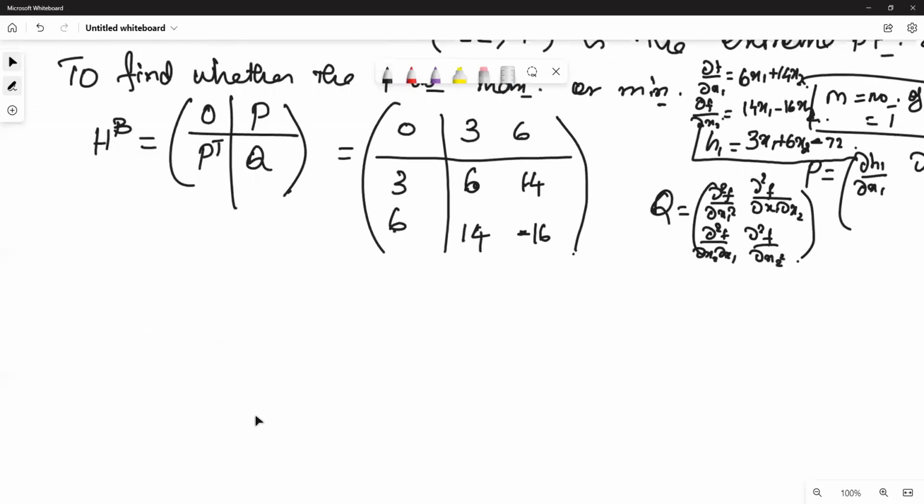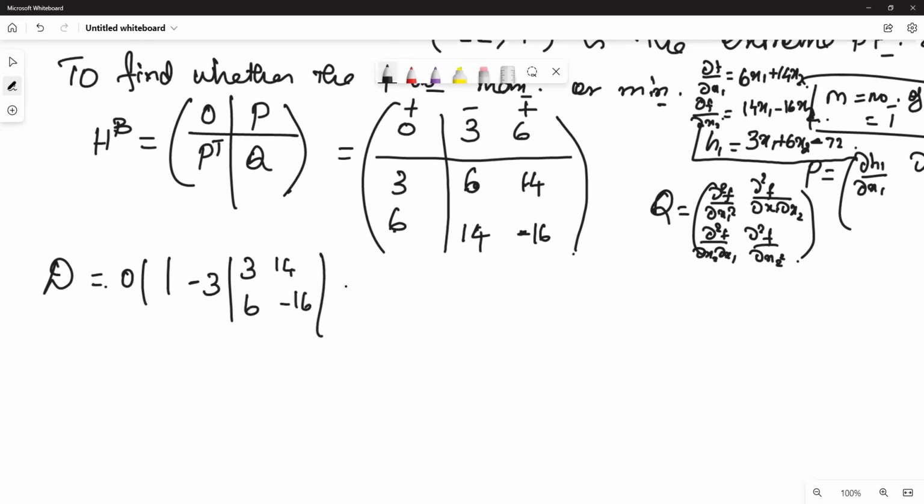Now, the next step is we have to check whether D, the principal minor of this bordered Hessian matrix, turns out to be positive or negative. For that, start with alternating signs: plus, minus, plus. So D is 0 times the corresponding determinant, minus 3 times the determinant left after deleting the corresponding row and column, that is (3, 14; 6, −16), plus 6 times the determinant (3, 6; 6, 14).